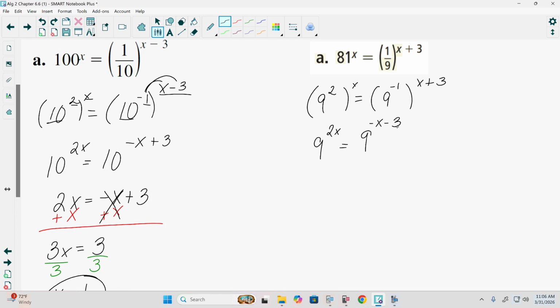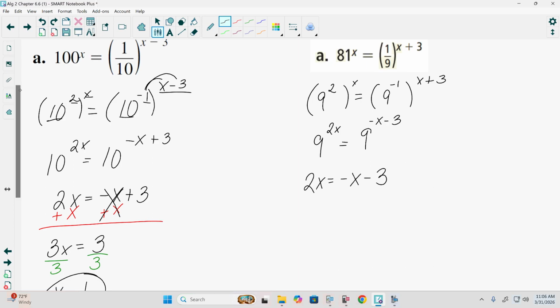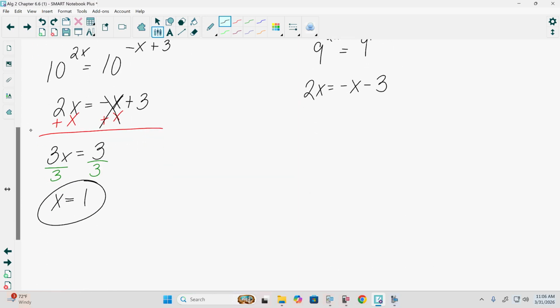Questions on this here? Now, if we'd have used 3, we'd have had 4x instead of 2x, and we would have had negative 2x minus 6, but it still gives us the same value. Since the bases are the same, the exponents have to be the same as well.